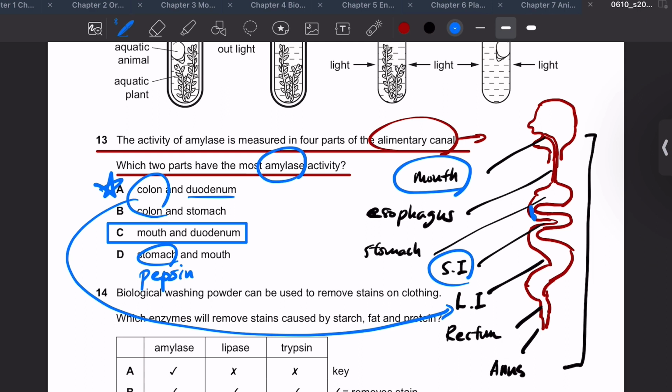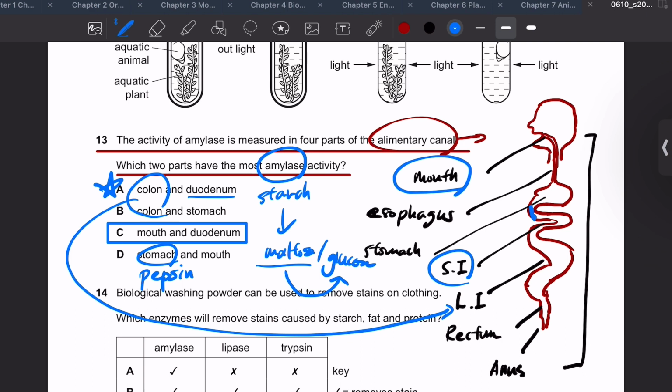Amylase is an enzyme that breaks down the starch into maltose, or sometimes you can just say glucose. But strictly speaking, amylase enzyme breaks down starch into maltose, and then maltase breaks down the maltose into glucoses.